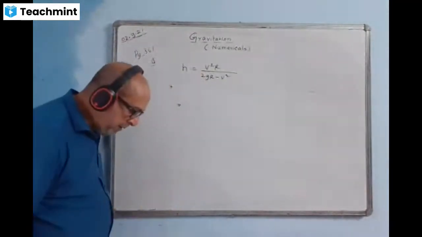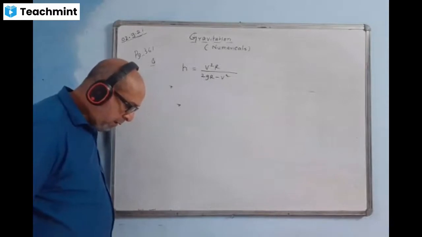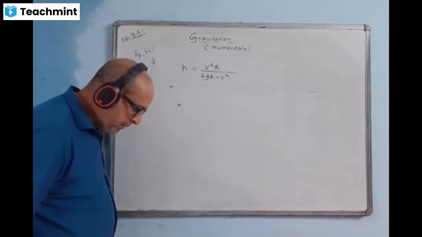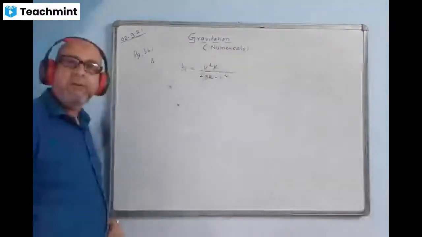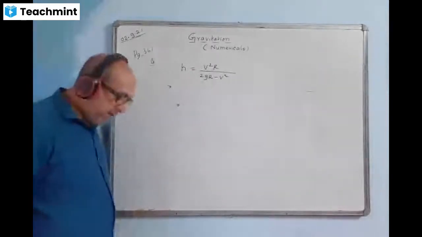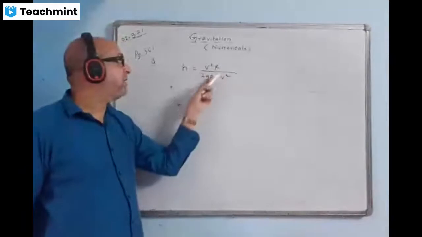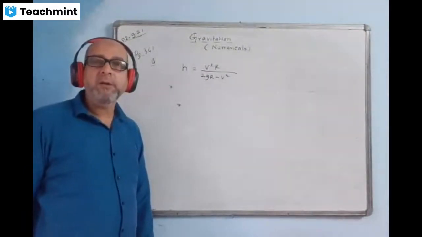Now a projectile is fired vertically from the Earth's surface with a velocity of 10 kilometers per second. How far does it go above the Earth's surface? Radius is given, G is given. I think you can do it. Velocity is given, 10 kilometers per second. While calculating, you must change this into meter per second. 10 kilometers will be 10,000.